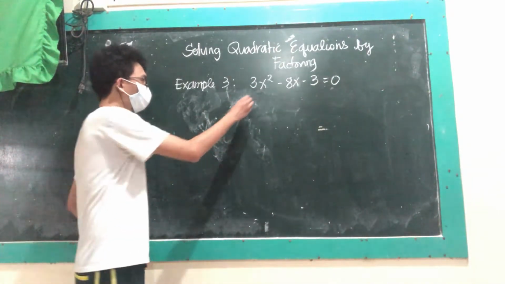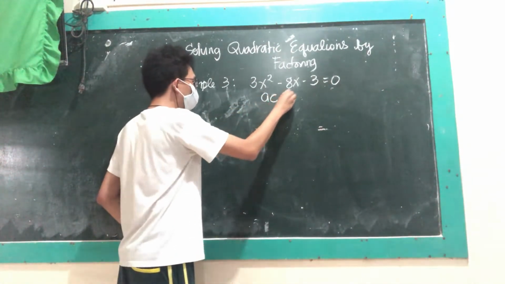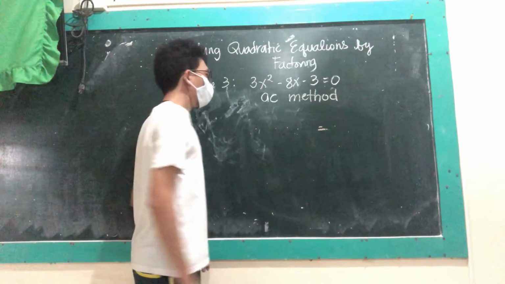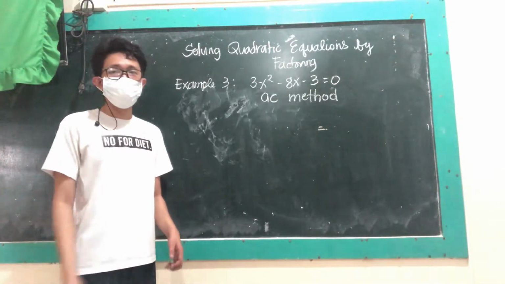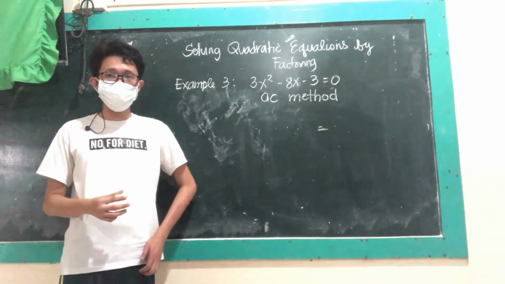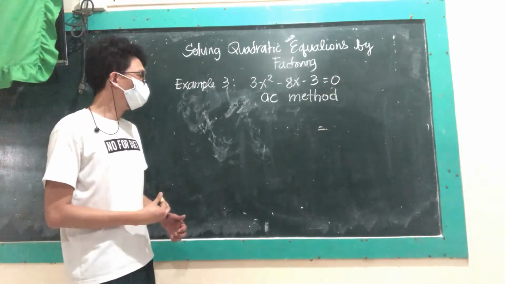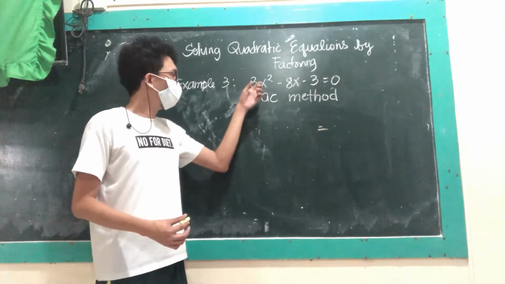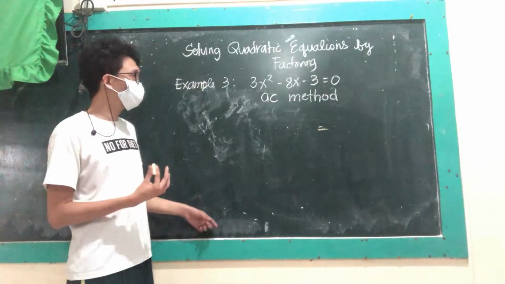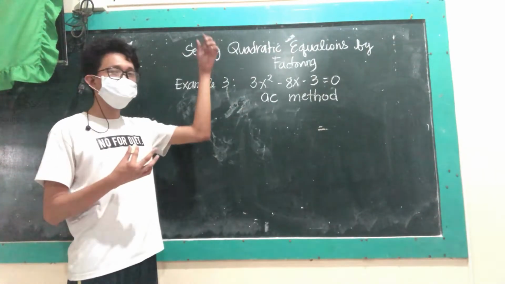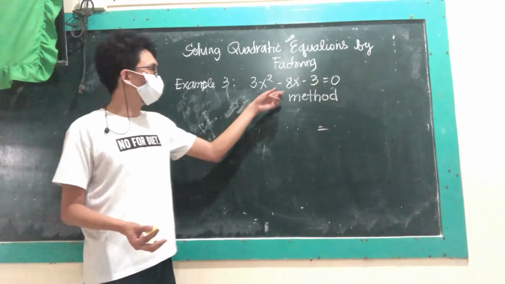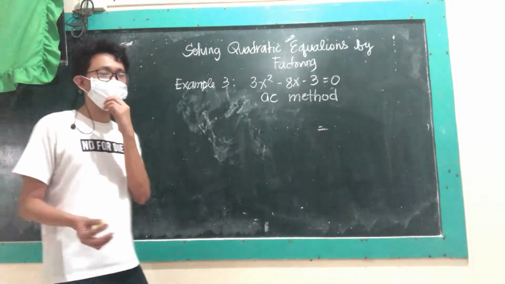So we are going to apply what we call the AC method in factoring quadratic trinomials whose A is not equal to 1. We will multiply the values of A and C. Then we will find the factors of that AC, and it will sum up to the letter B.